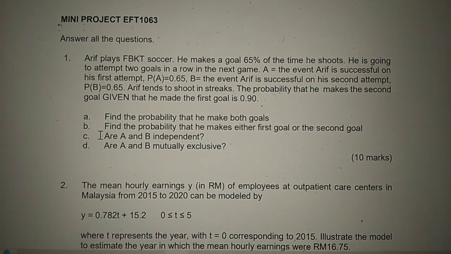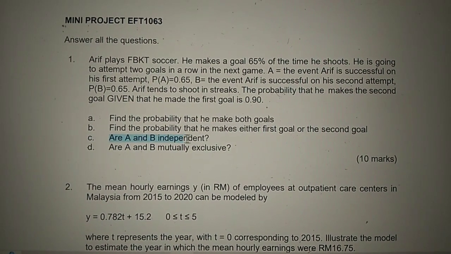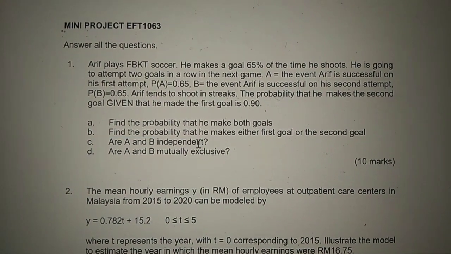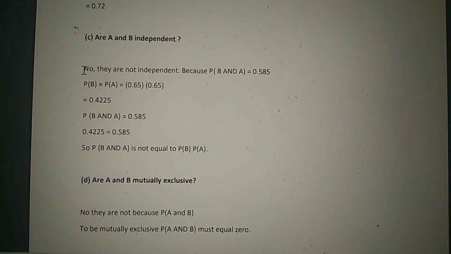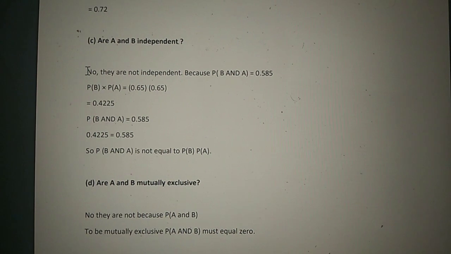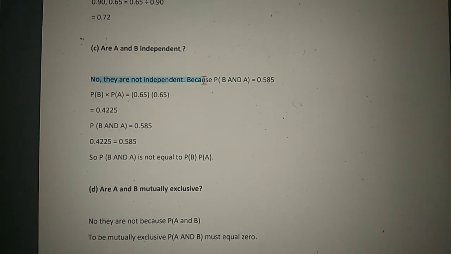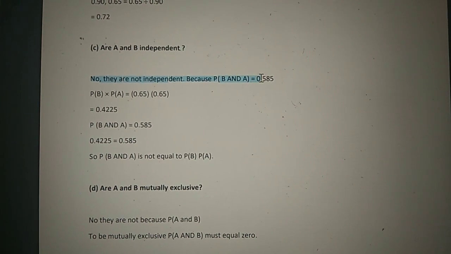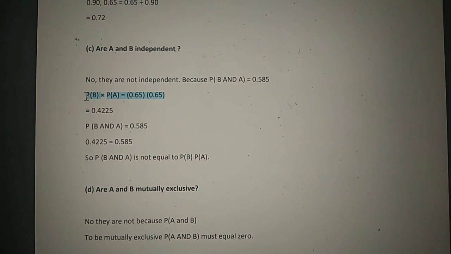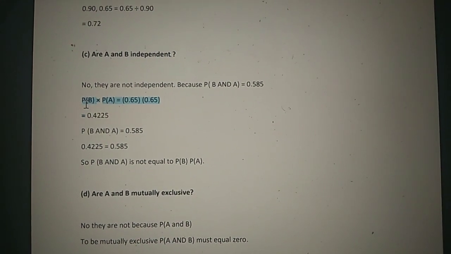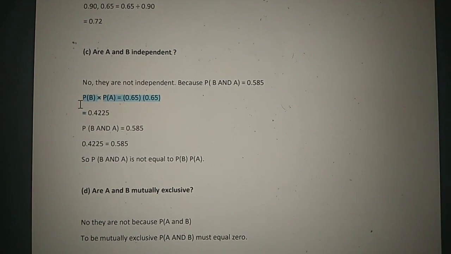Okay, now let's look at question 1C. Are A and B independent? Well, let's look into the solution. Okay, this is the solution for question 1C. No, they are not independent because the probability of B and A is equal to 0.585. The probability of B times the probability of A is equal to 0.65 times 0.65.